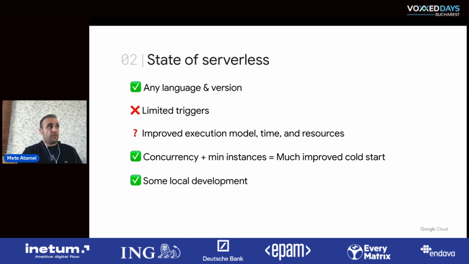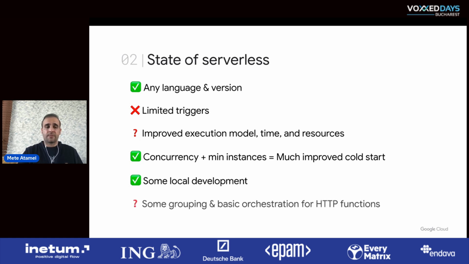We have local development options now, so you can test your applications locally. And we still have this grouping with API gateways and basic orchestration with schedulers and tasks, but nothing beyond that. There's still not much support for more complicated orchestration that I'm going to talk about next.